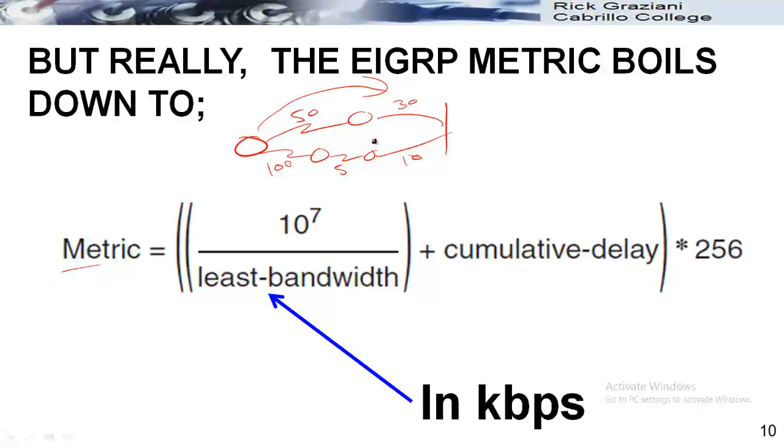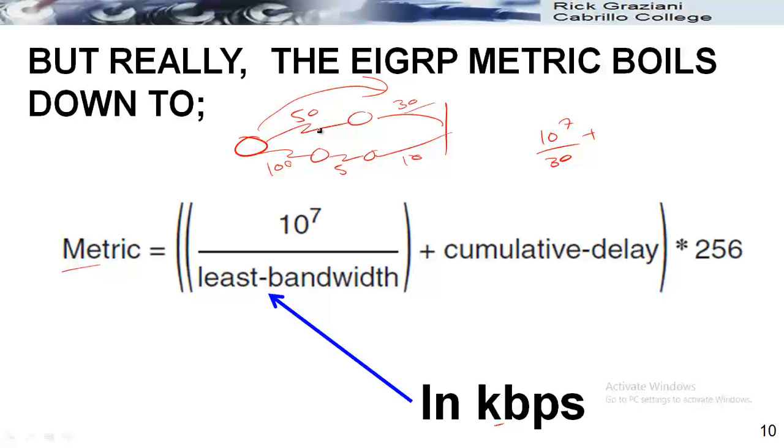Now to calculate the metric for this one, we'll take the least bandwidth, and it has to be in kbps. If it is MB, we'll say 10 to the power 7 divided by, let's say these are kbps actually, so that we don't do the conversions. Then you add the delays.